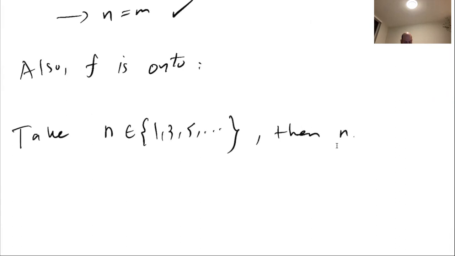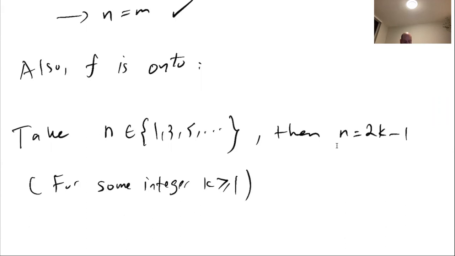Then n is equal to 2k minus 1 for some integer k. Any odd number can be written in this form, for some integer k bigger than or equal to 1, in fact.